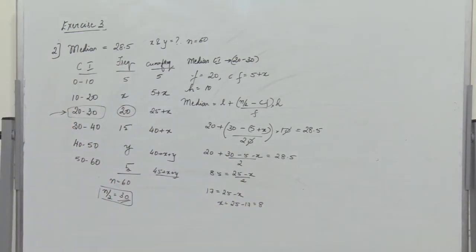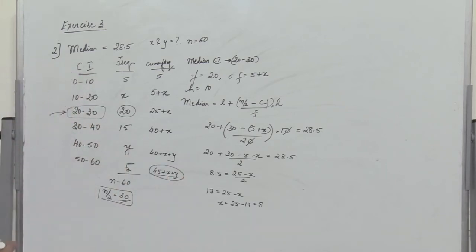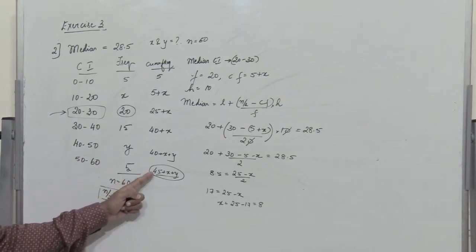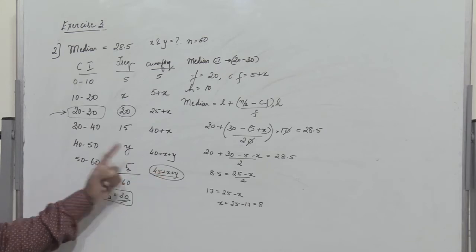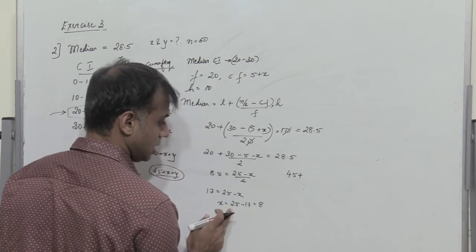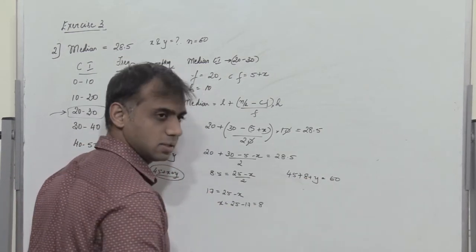So the value of x is 8 here. Now I need to find the value of y. We know that n is 60 and n is equal to 45 plus x plus y. Therefore 45 plus x, where x is known to be 8, plus y to be calculated, is equal to 60.